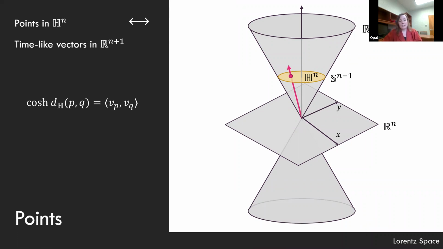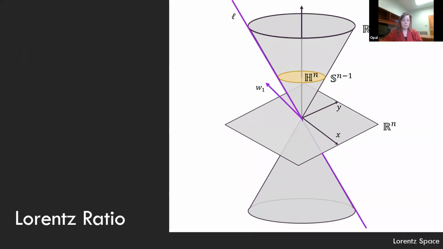And the nice relationship there is that the Lorentz inner product of 2 of those such vectors is equal to the hyperbolic cosine of the hyperbolic distance between those 2 points. So in this way, we can translate anything that we might be interested in, hyperbolic n space, spheres in the n-1 sphere, points in the n-1 sphere, into language in Lorentz space.